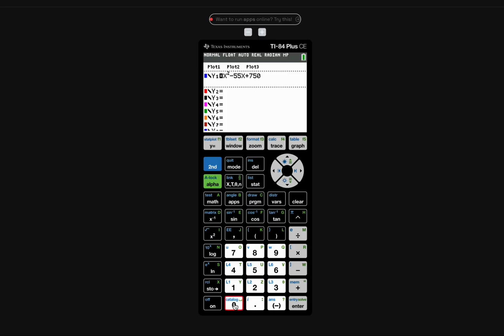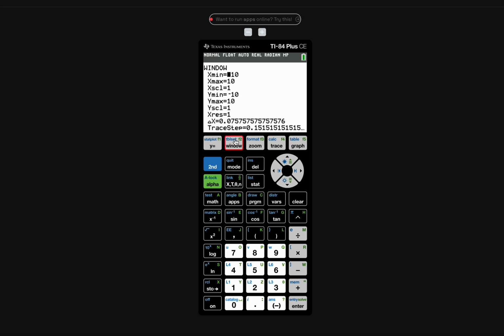After we do that, we hit graph here in the top right corner. So the problem here is that the graph doesn't fit inside this standard window, so we have to adjust the window so that the graph of y fits in this window.